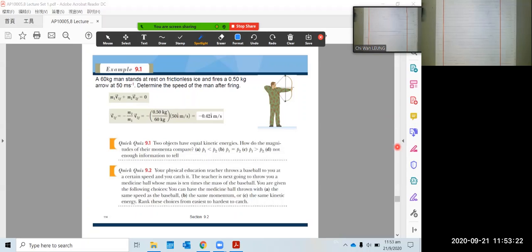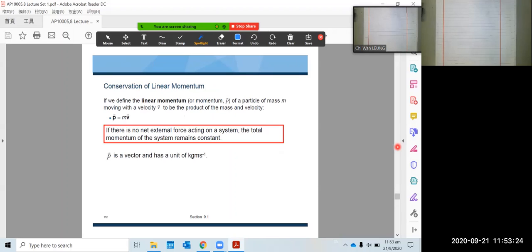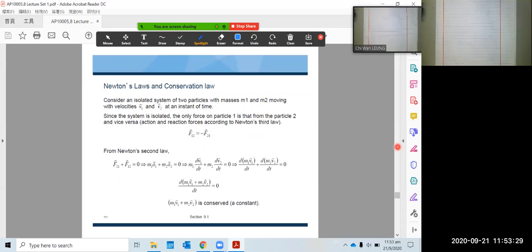The tool that we use actually comes from Newton's third law. Newton's third law is considering what we call internal forces, action and reaction force.